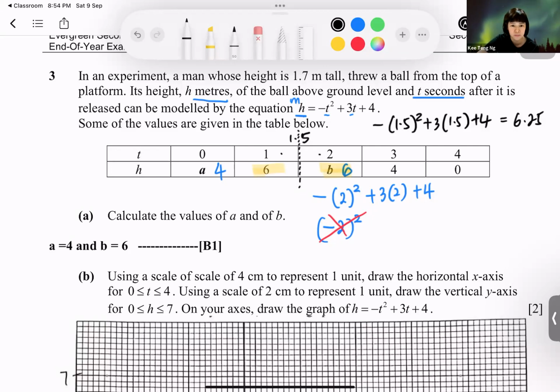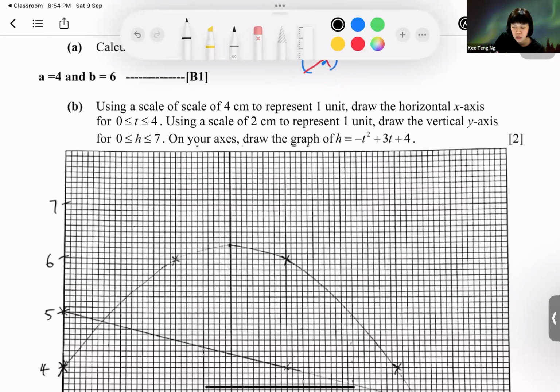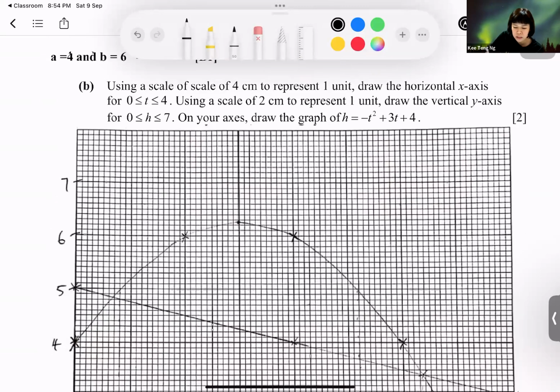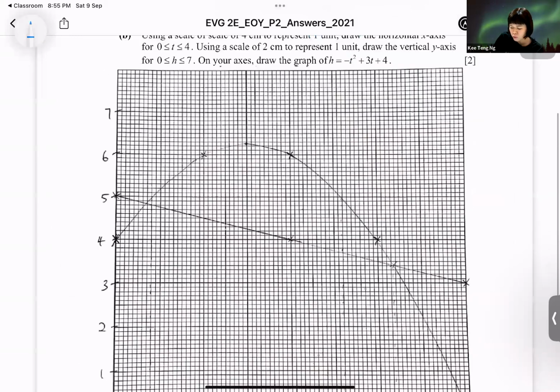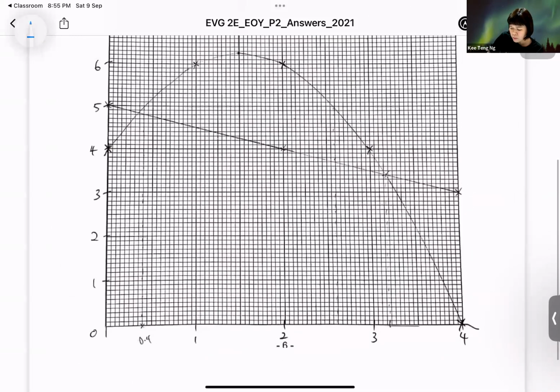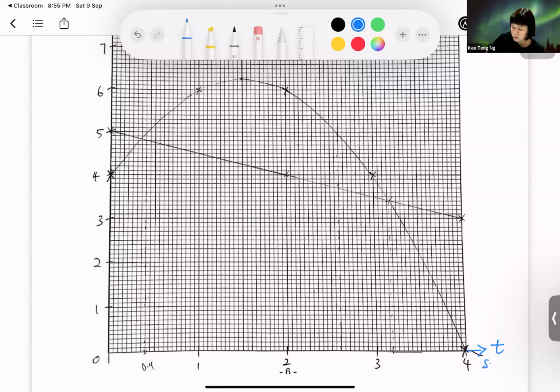Okay, so now using a scale of 4 cm to represent 1 unit, quite large, draw the horizontal axis for the time from 0 to 4. So the graph is being drawn over here. This one is my time t axis, sorry, t seconds.